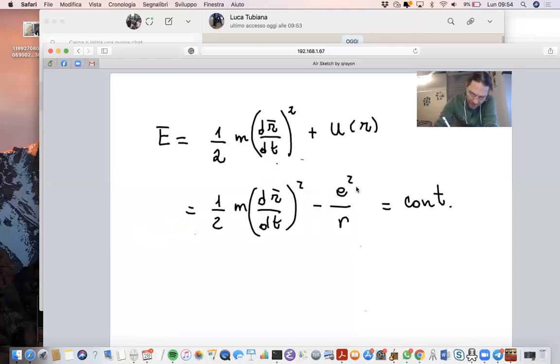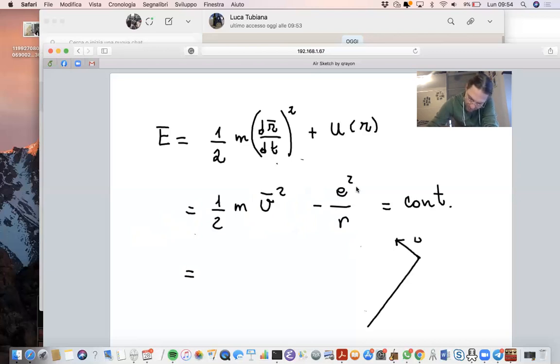So this is the velocity. So let me draw it again. Now, this is the velocity of my particle. And this is the modulo square of the velocity of my particle. Now, let me draw the velocity of the particle in some arbitrary instant as a vector. And the square, now, rather than using Cartesian coordinates, I remind you we are using polar coordinates.